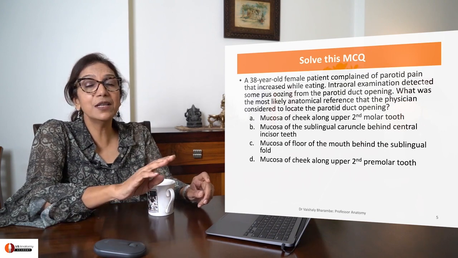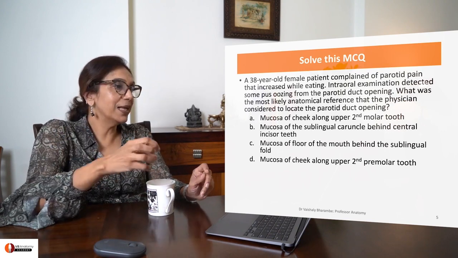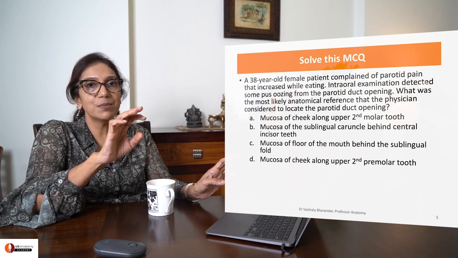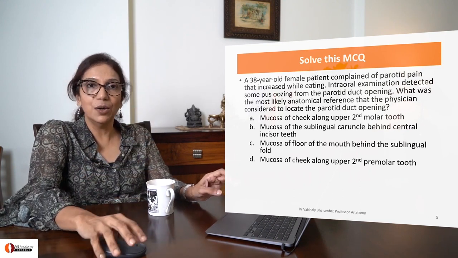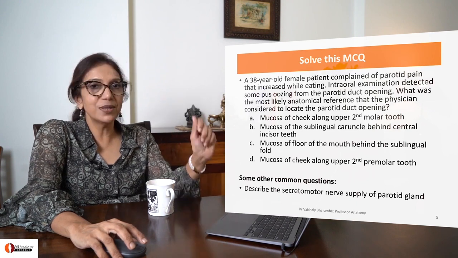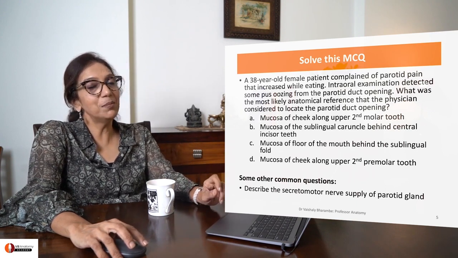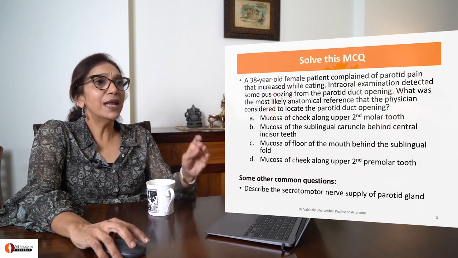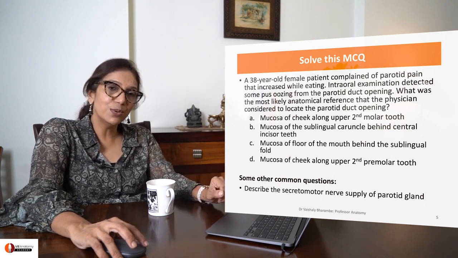This definitely needs prior knowledge. Nobody can come up with an answer to this MCQ unless you've studied this. All right. Some other questions commonly asked: describe the secretomotor supply of parotid gland. Again, prior knowledge needed. So let's then get into this class and get you that knowledge.